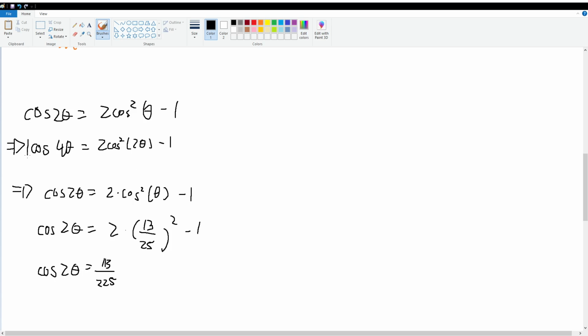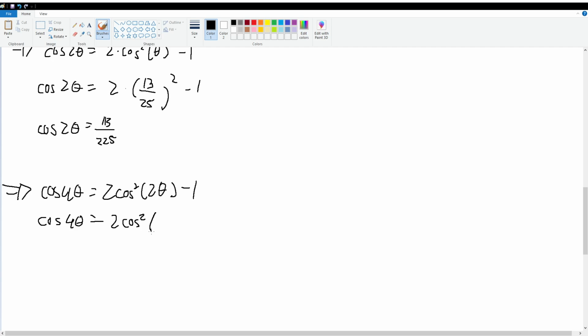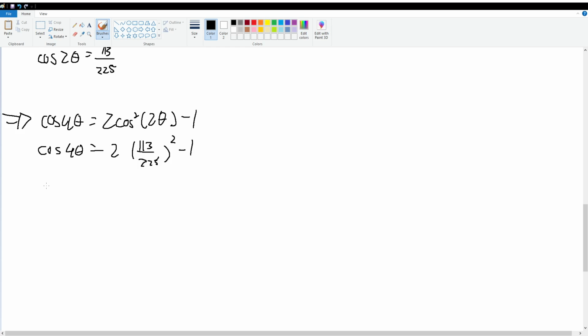And then when we solve for cosine of 4 theta, we notice that cosine of 4 theta would equal 2 times cosine squared of 2 theta minus 1, which is 2 times 113 over 225 squared minus 1.